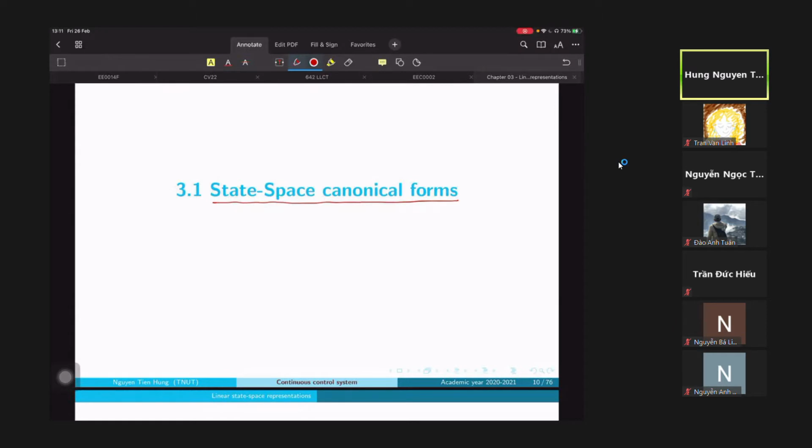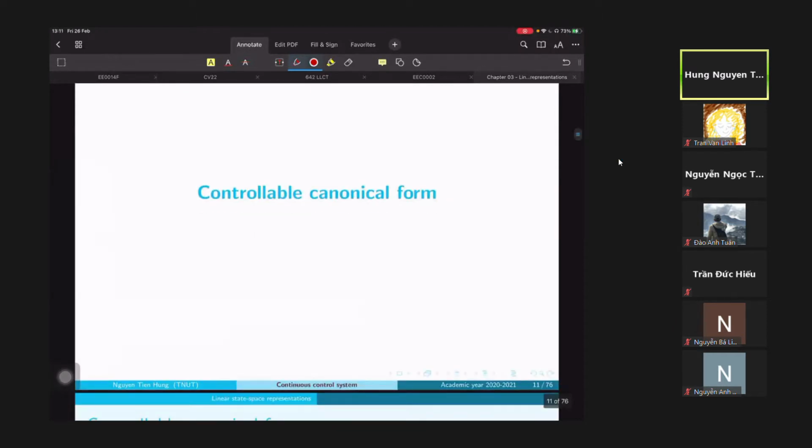First we look at the controllable canonical form. Again, it's like a standard form.